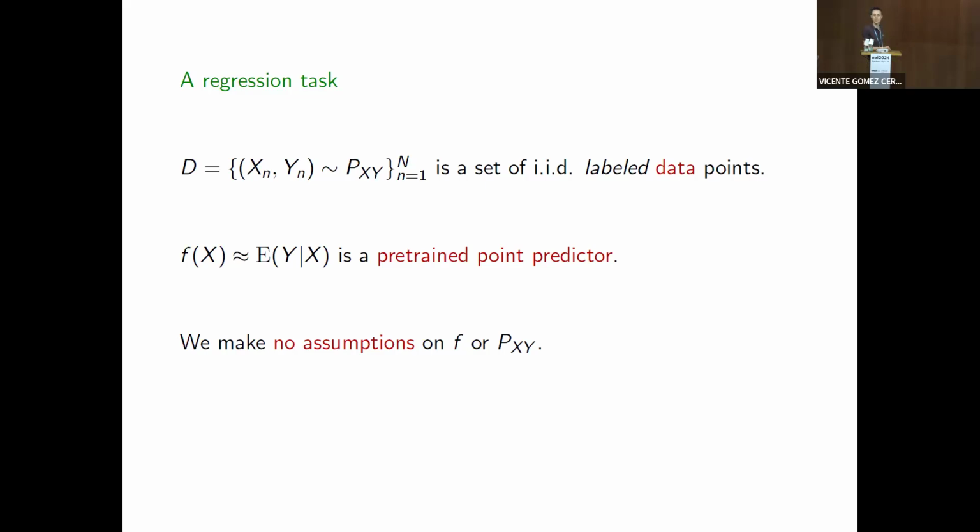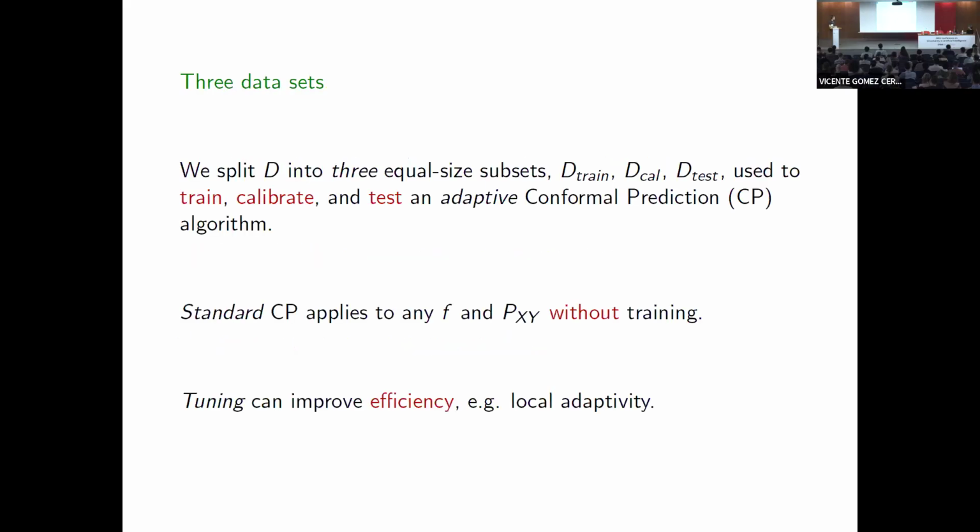And this is as usual in conformal prediction. We make no assumption on the quality of the prediction of f or on the data generating distribution. For this work, we have a dataset, but we split it in 3. Usually we have just calibration and test. And here we have a training data. I just told you that we don't need to train, but here the training is on the conformal prediction side.